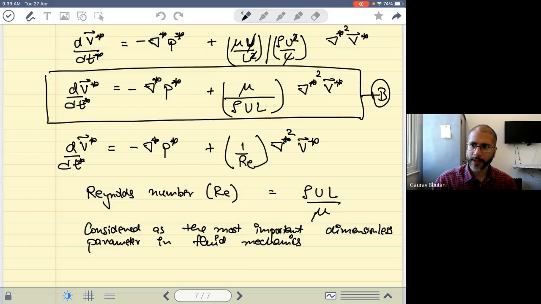So as I told you earlier, in problems where the Reynolds number is small, you get laminar flow, and if Reynolds number is large, you get turbulent flow.